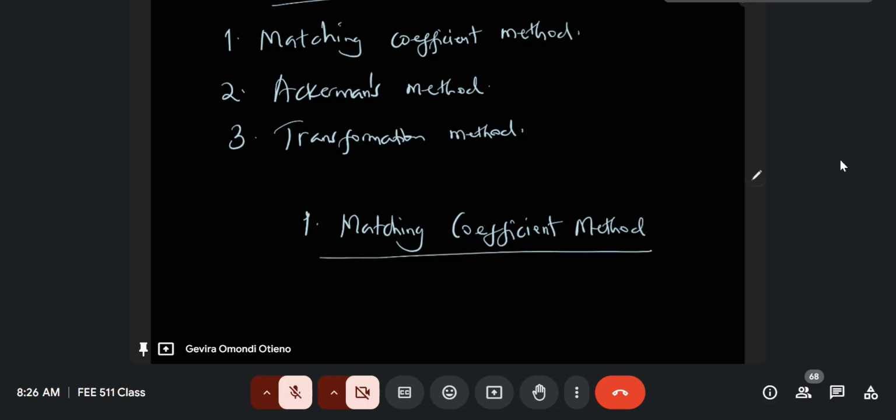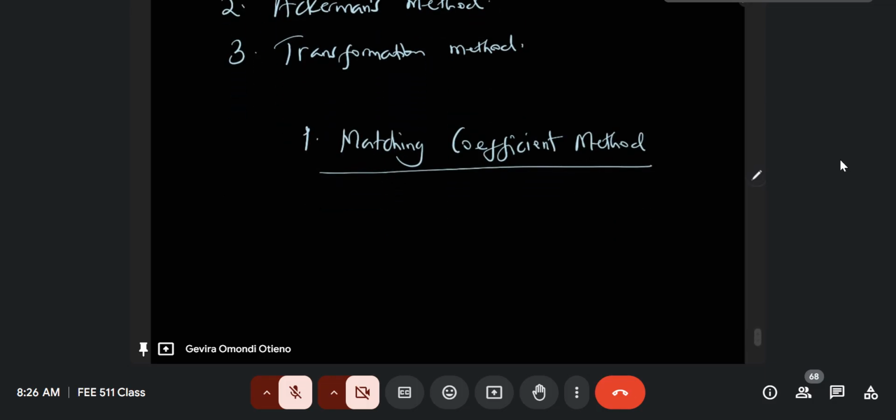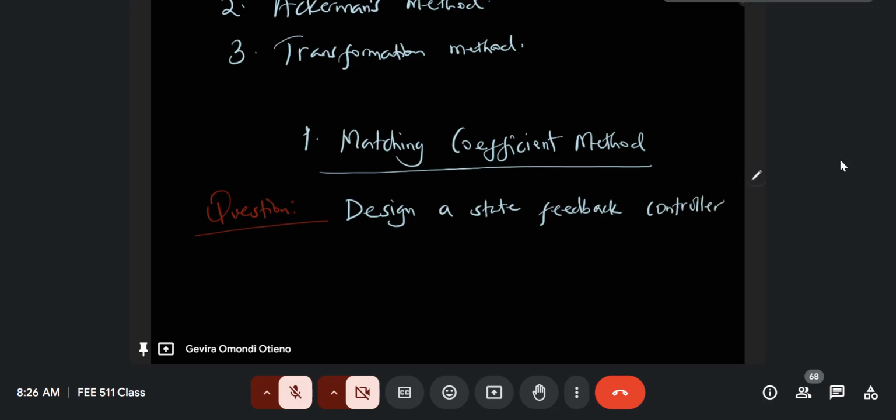The matching coefficient method. Let's solve a question, because it's usually important that I illustrate this using an example. So the question is this. Remember, these methods are used in design using pole placement. Design a state feedback controller to get the pole location, because obtaining the location of the pole is very important. That's why it's called pole placement.